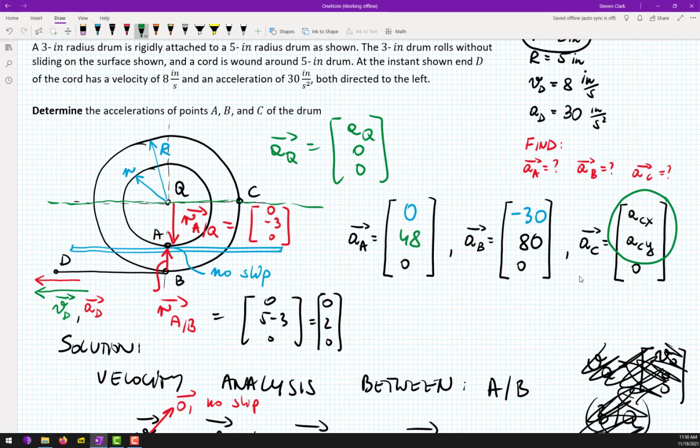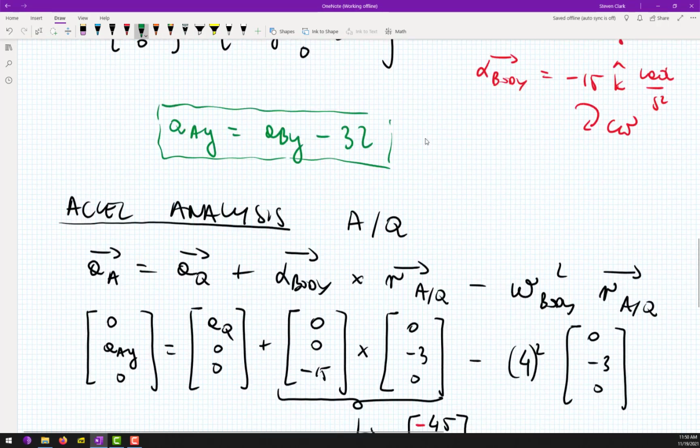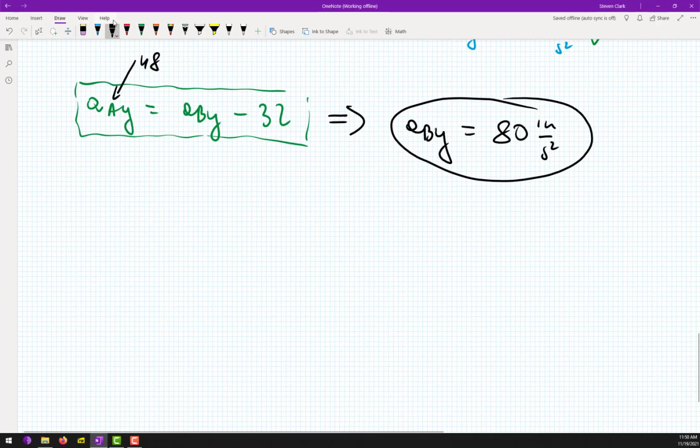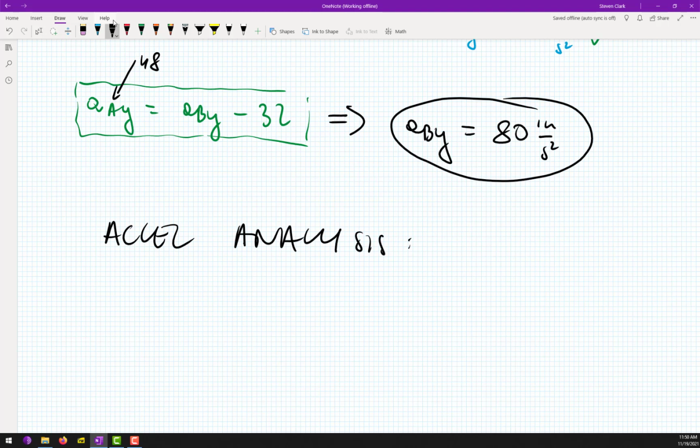Okay. So now the question is how to find the acceleration of point C. Surprisingly, we will do exactly the same for the 17th time today. We will just do acceleration analysis. Between which points do we want, guys? C and B or A, whichever.